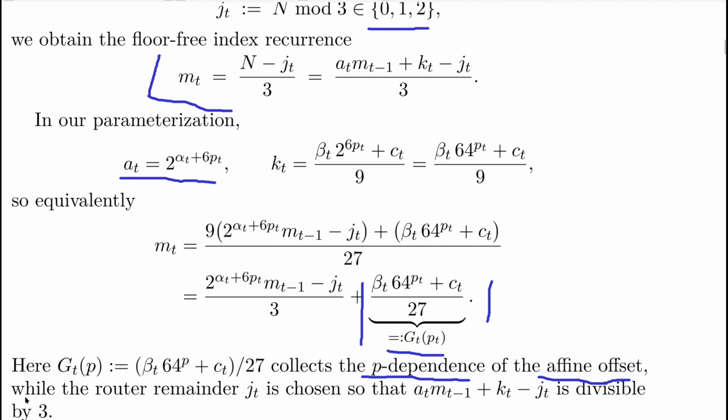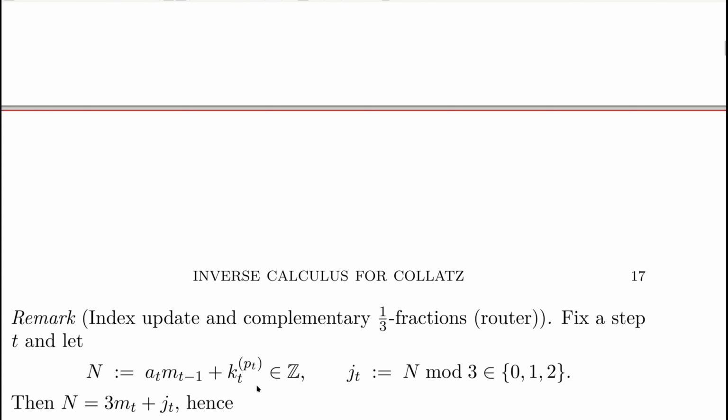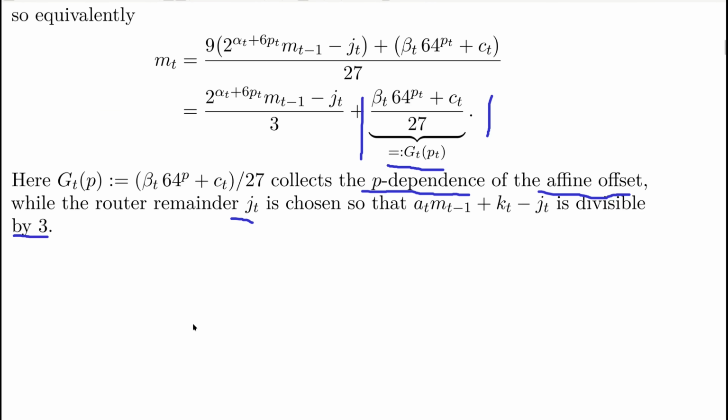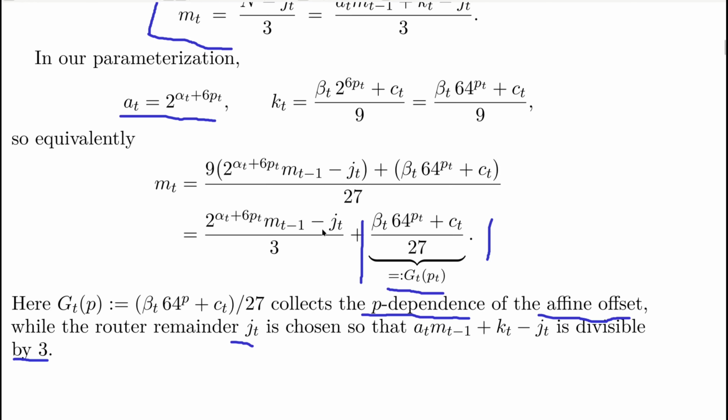So the router remainder jt is chosen so that at mt minus 1 plus kt minus jt is divisible by 3. Right, so end of remark there.